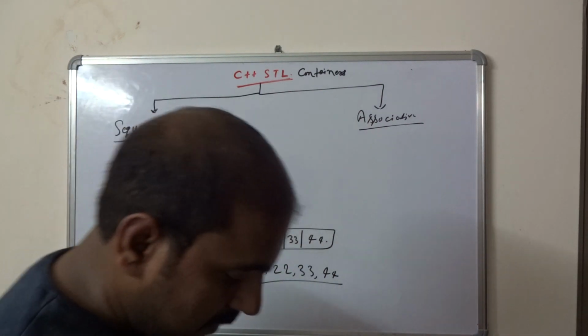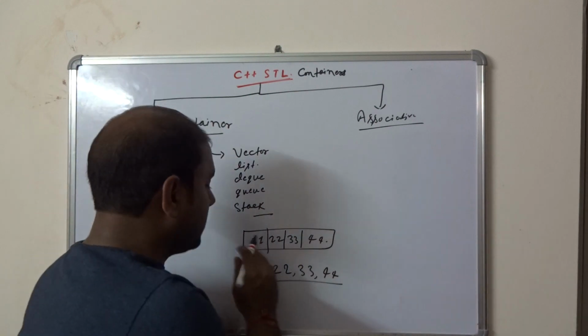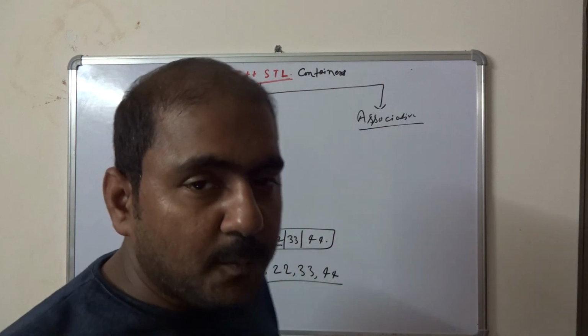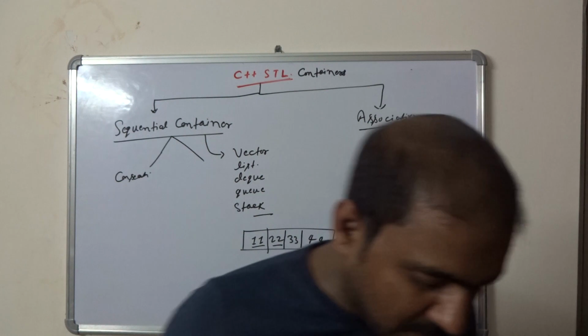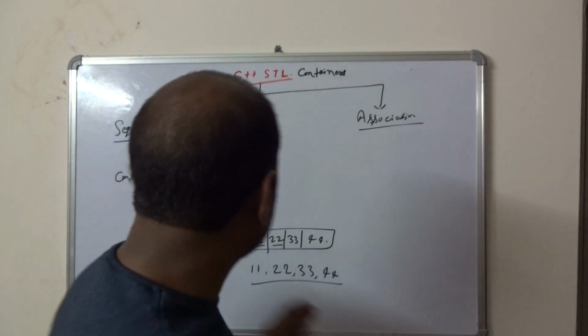The same behavior you can see in the list as well. If you have inserted 11, 22, 33 and 44 into a list and print it, the data will come in the same order in which we inserted it. That is the sequential container.